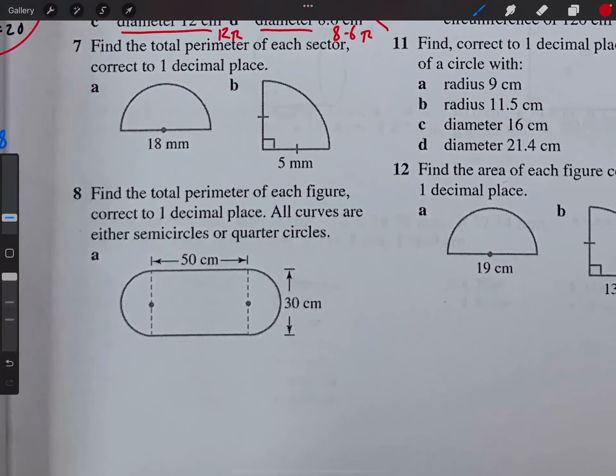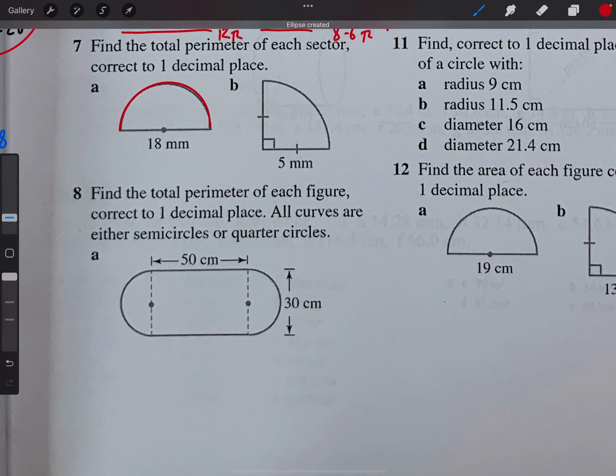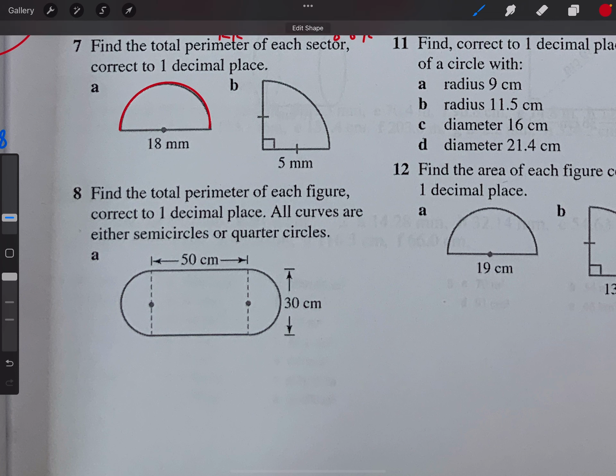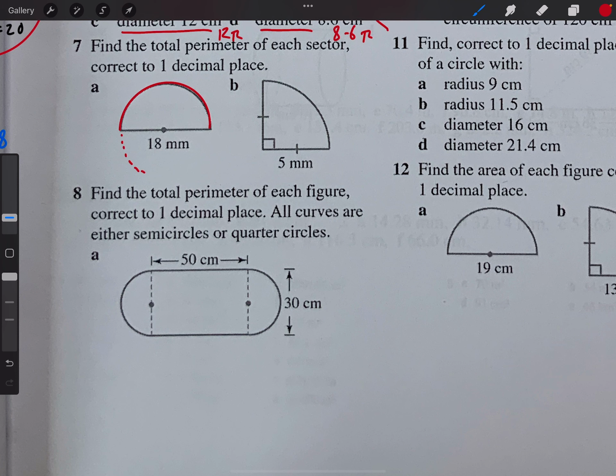Question 7. Find the total perimeter of each sector, correct to 1 decimal place. Okay, so we want to find the perimeter, so first we find this part here. This is half of a circle, a semicircle. So to find the perimeter of the semicircle, we find the perimeter of the whole circle divided by 2.